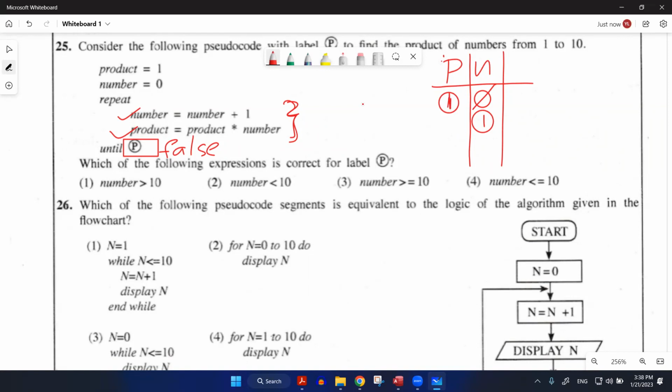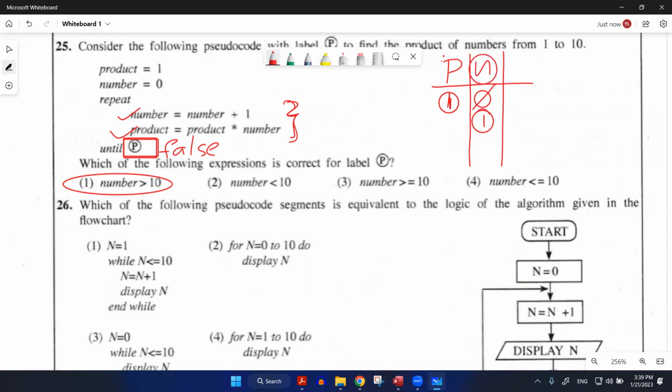Now, this particular condition, right? For a moment, let's just think this is going to be its condition: number larger than 10. So number means N according to our entries.